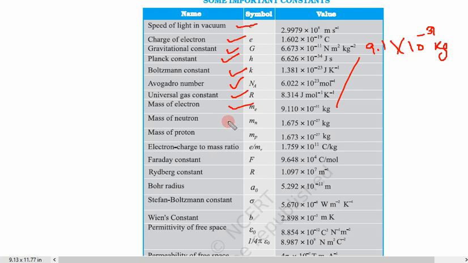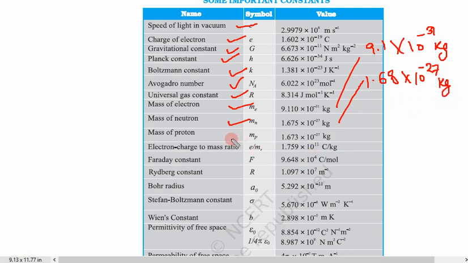Mass of neutron: 1.67, or let me write 68, because it is 5, so we will increase it to 8. That we will learn why we have increased. So mass of neutron is 1.68 into 10 to power minus 27 kg. Please write these things in your copy.